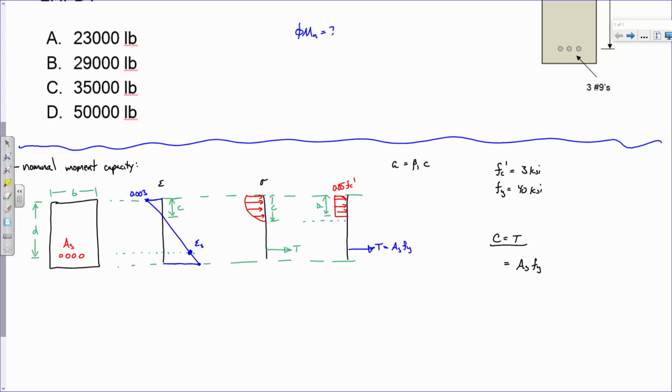What about the compressive force? Well, the compressive force is what we get out of this. So I propose it's 0.85 f'c times a times what? Well, we're getting to that. Remember, it's 0.85 f'c times a times b. In other words, remember the stress block kind of looks like this.